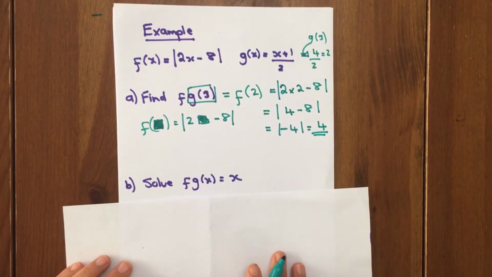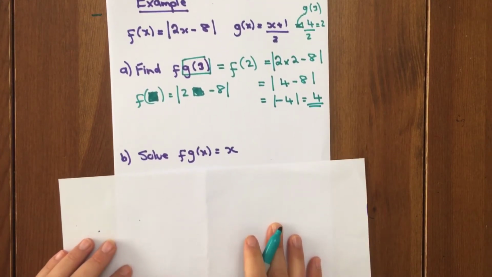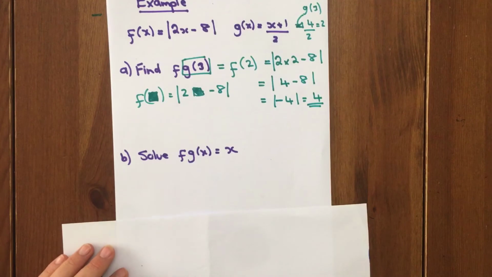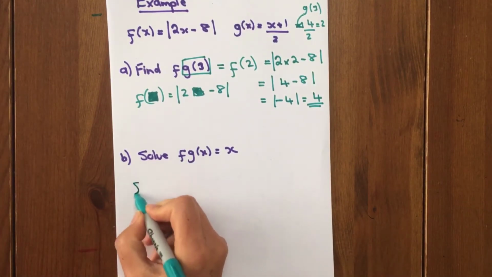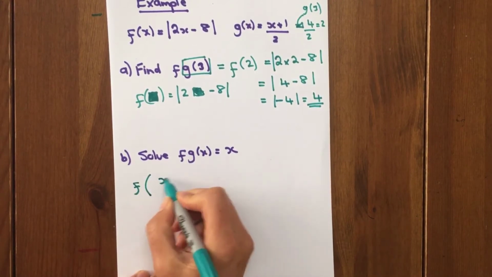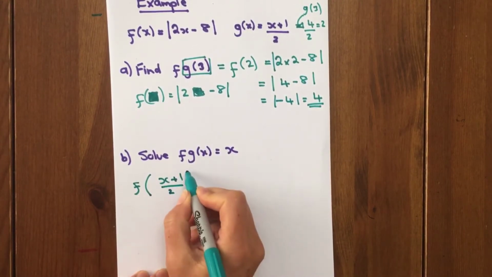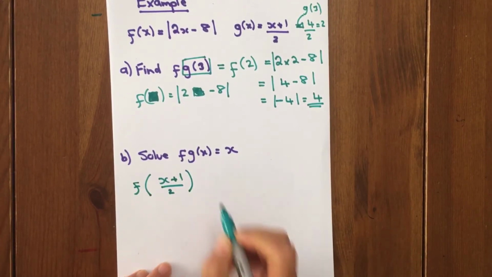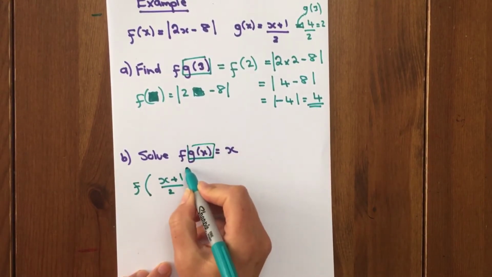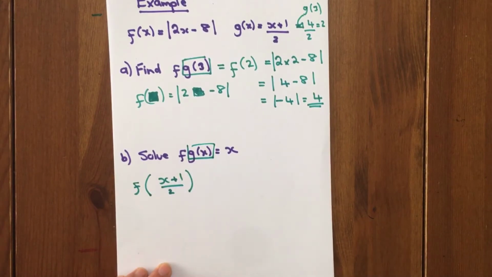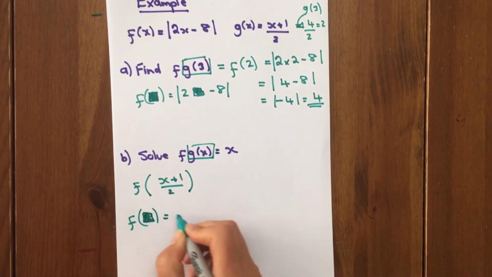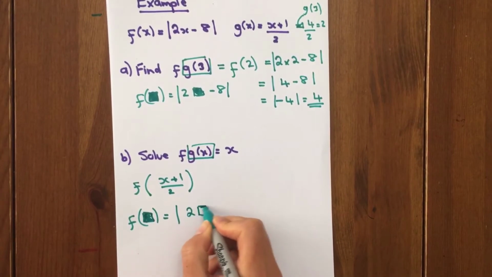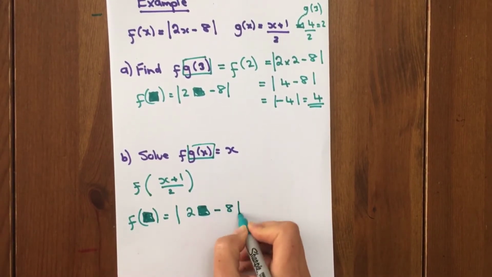Right, next question. We're asked to solve f on g of x equals x. So to begin with, I'm going to do f on g of x. Now g of x is x plus 1 over 2, so I'm replacing the g of x with that. I know that my function f of the box is equal to the modulus of 2 lots of whatever is going into f, take away 8.